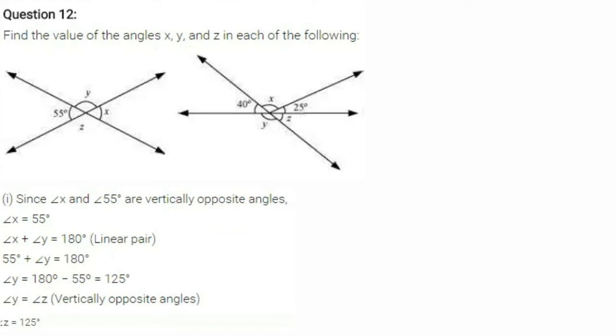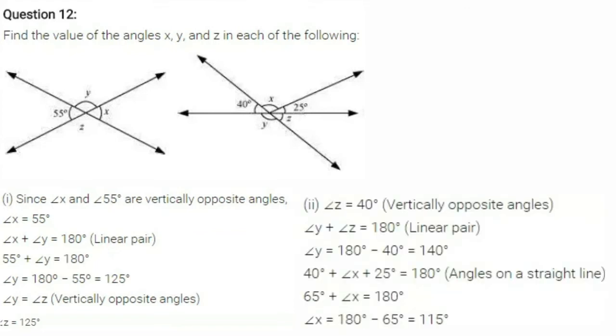Now come to the second diagram, that is II. Here Z equals 40 degrees because it is the vertically opposite angle of angle 40. Now angle Y plus angle Z equals 180 degrees as they form a linear pair. Angle Y equals 180 degrees minus 40 degrees because we know the value of Z, and when it is transposed to RHS it is subtracted from 180 degrees and we get 140 degrees.